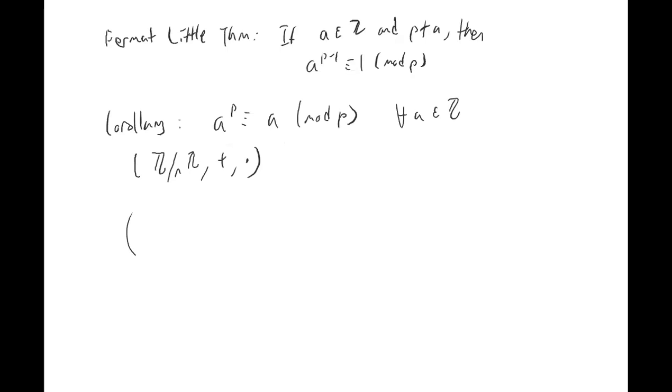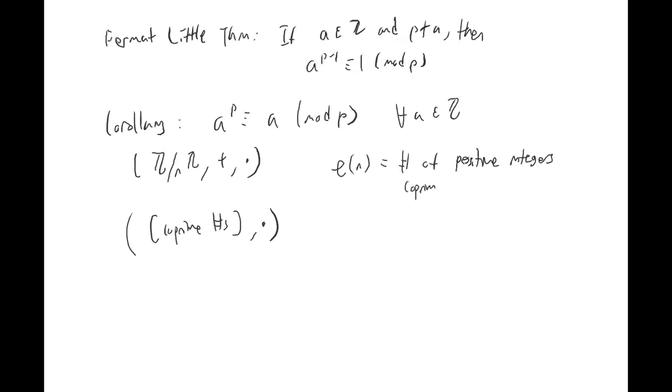Yeah, so let me just say the class of coprime numbers, yeah? So basically, there's a word for it. Phi of n is the number of positive integers coprime to n and less than n.